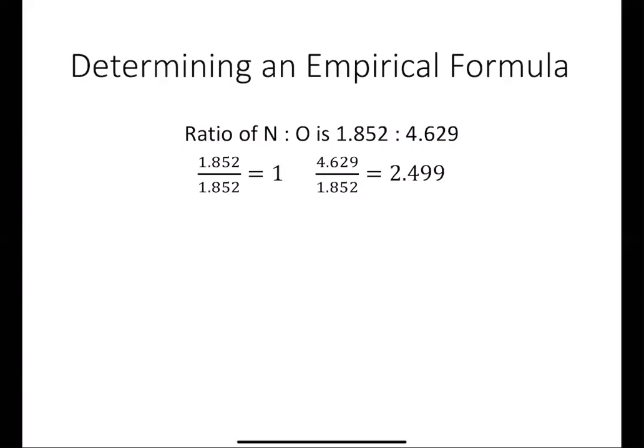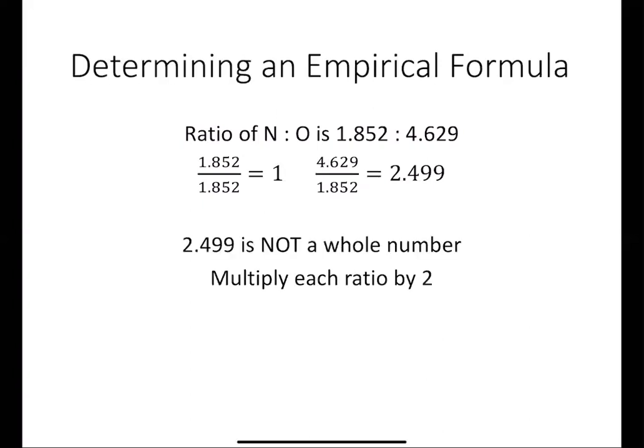So what we need to do now is multiply this by a factor that is going to give us whole numbers. In this case, it's easy to just multiply by 2, because we can tell already with a 1 and a 2.5 that if we multiply each by 2, we're going to get whole numbers.